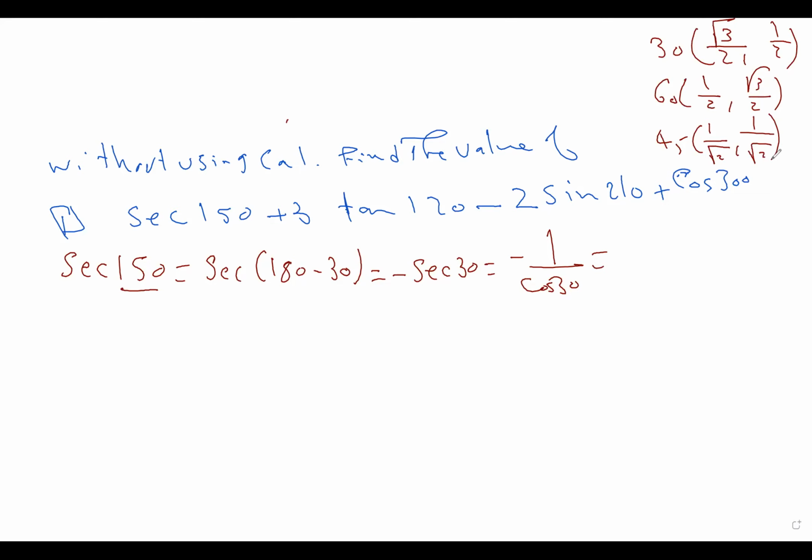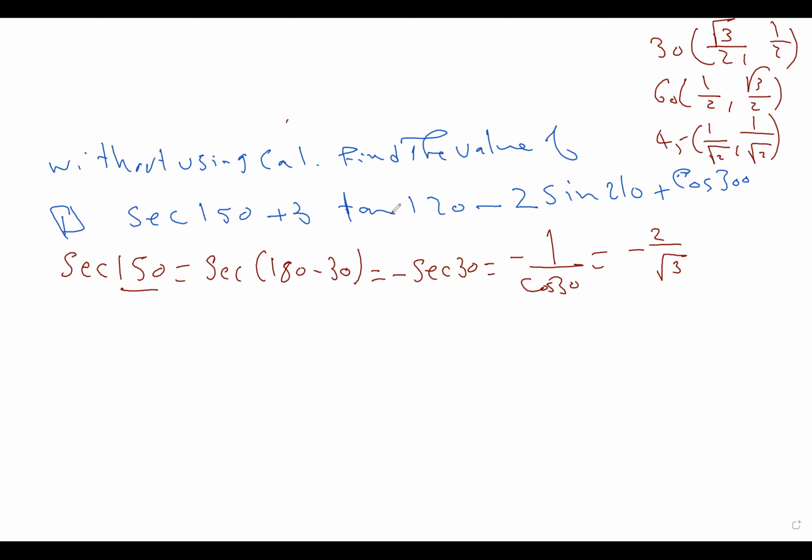Cosine 30 is y, since x is sine and y is cosine. So it will be negative 1 over cosine 30, which is negative 2 over root 3, the reciprocal of this one.